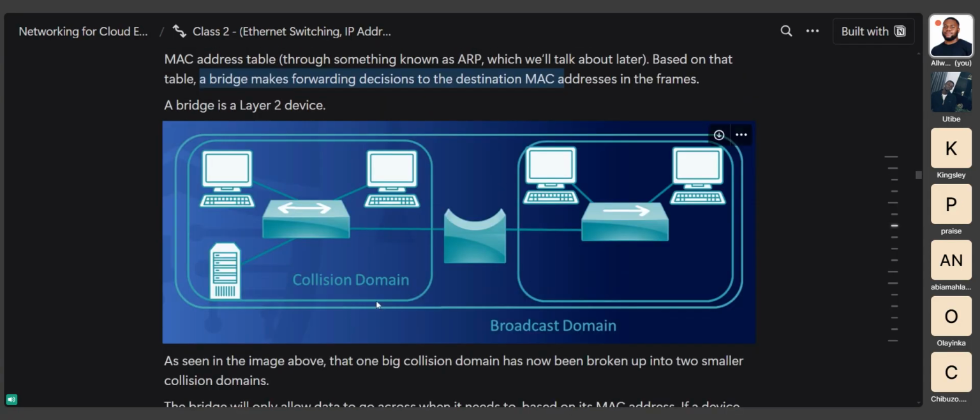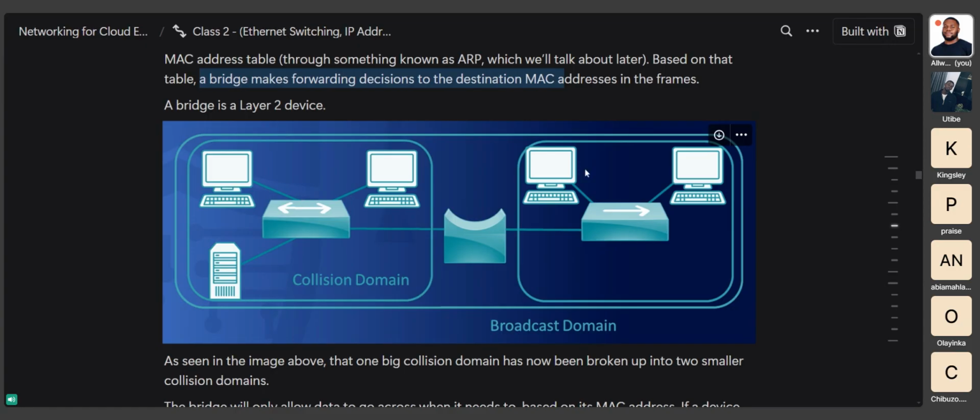In this case, we have a bridge, and this bridge is dividing the collision domains, breaking the big collision domain into smaller collision domains, because as you can see, the number of devices connected to this hub is now smaller. Before, this hub was connected to 3 more devices. Now it's only connected to just 3 devices.